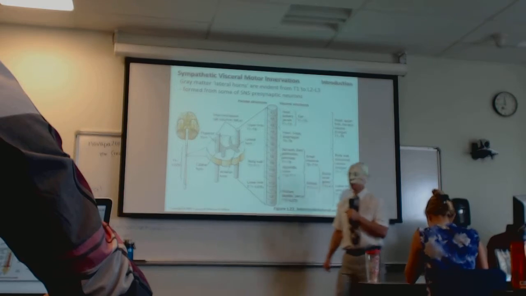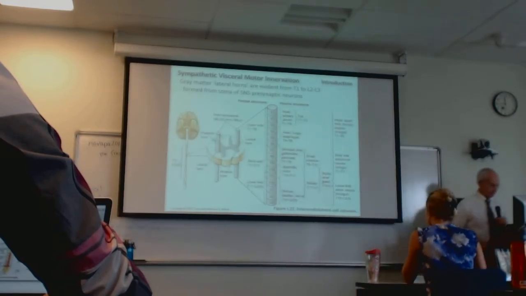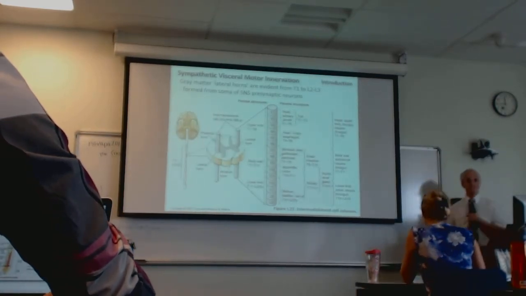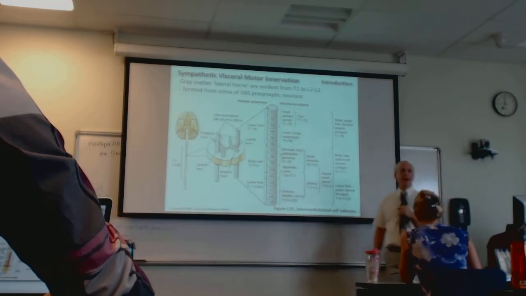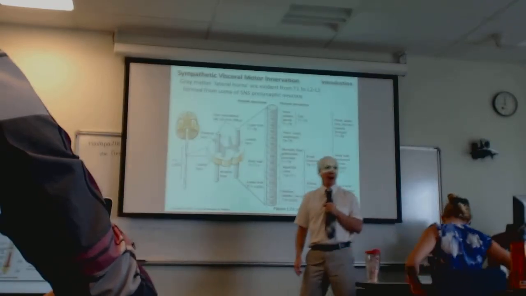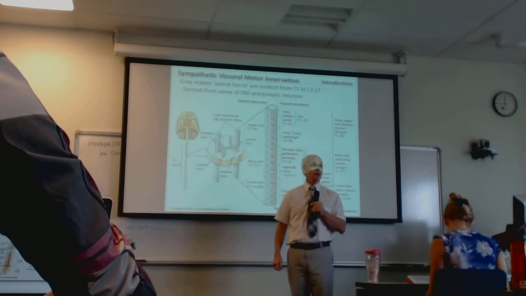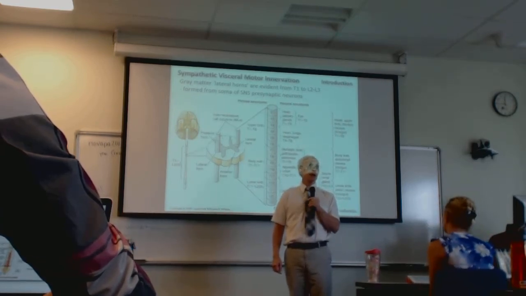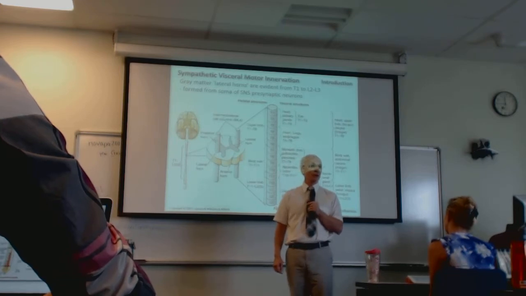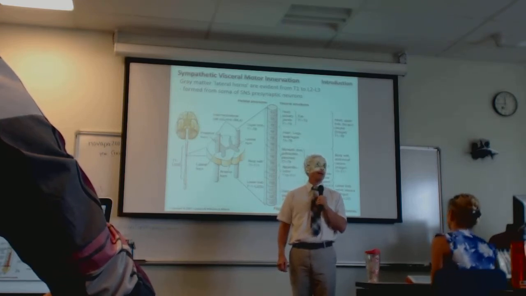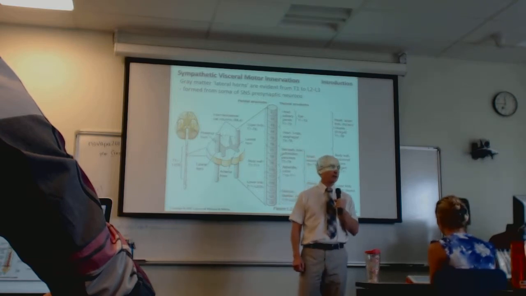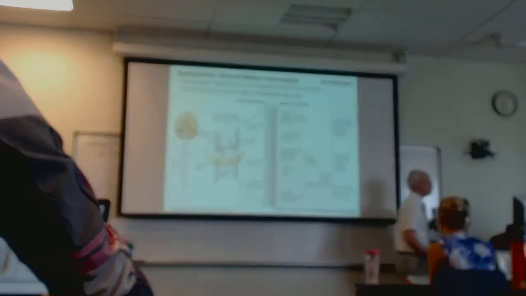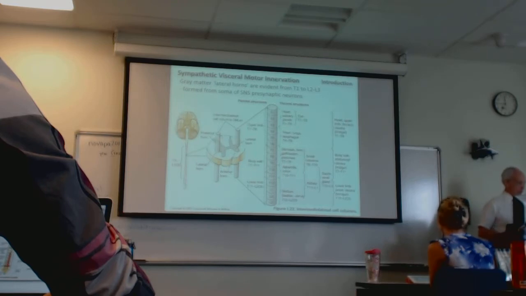No. You can call them cervical ganglia. But what you must understand is that in order for those cervical ganglia to communicate with the brain, what's the first opportunity they have to communicate with the brain? C1. Because that's where the bridge is located.